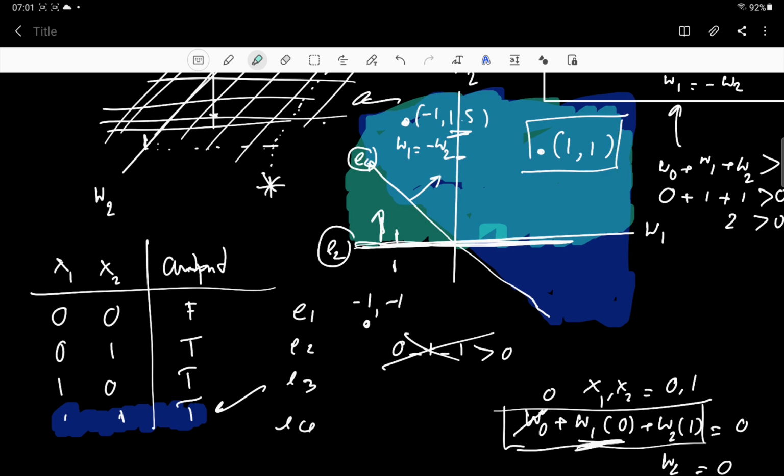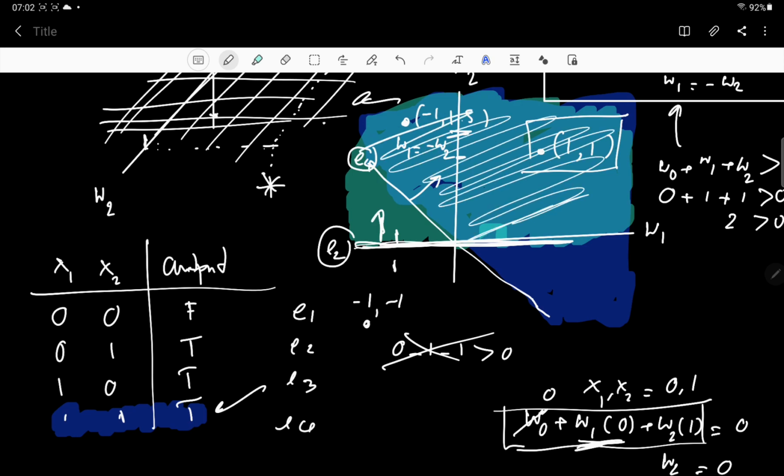Of course, in this area, right? This area, this is the overlap area. So all points in this area can be used to classify E2 and E4, right? Okay.